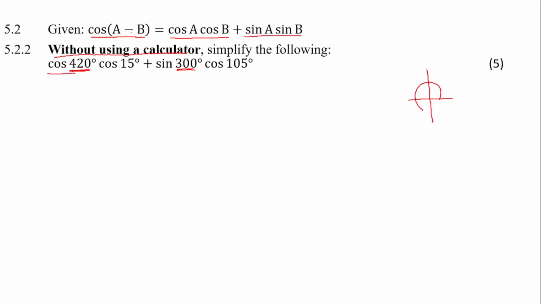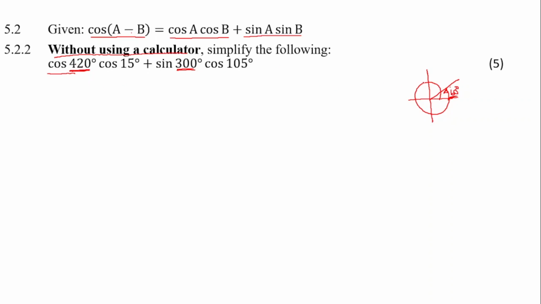That's 360, a complete revolution. So remove 360 from 420. What do you get? You get 60 degrees. So it means this is 360, and then on top of that we have this 60 degrees, which is 420. So this is in the first quadrant. So just always remove 360 from the angle if it's bigger than 360, till you get an angle which is less than 360.